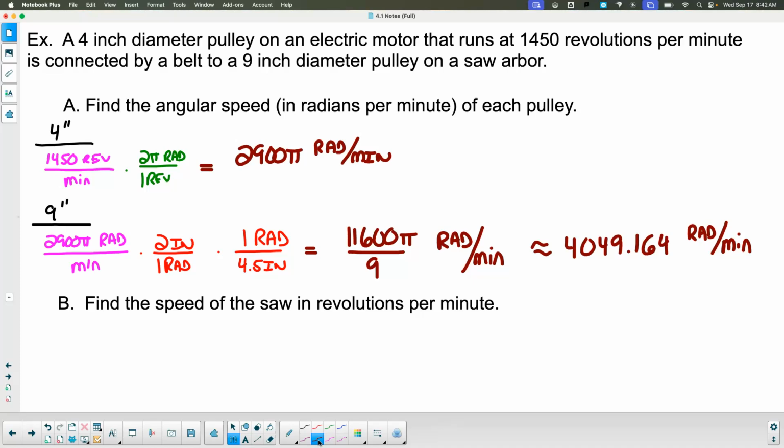So now I can jump to the other one, which is also moving at that same linear speed. So then I have to switch that back into radians per minute. Now I'm on the bigger one. So 1 radian of the bigger one is 4.5 inches. So I have to take this 5,800 pi and divide it by 4.5, which gets me 4,049.164.